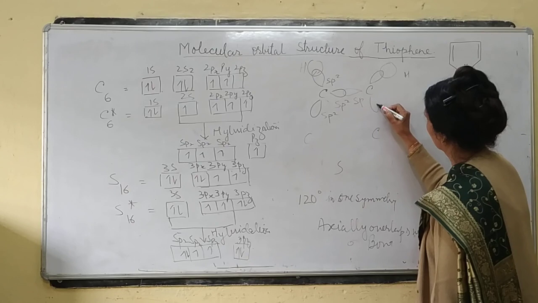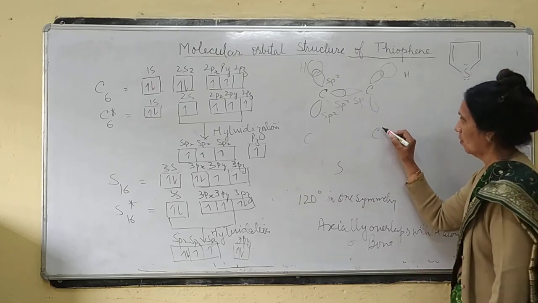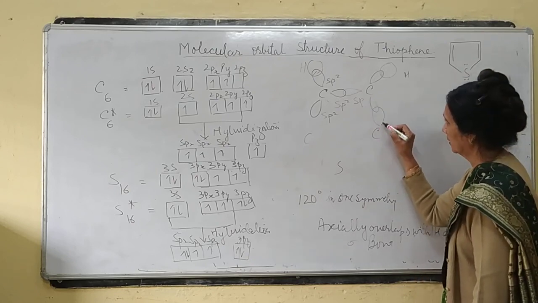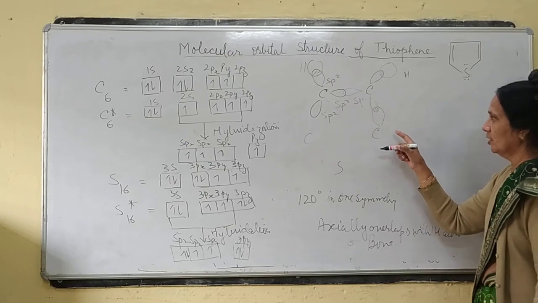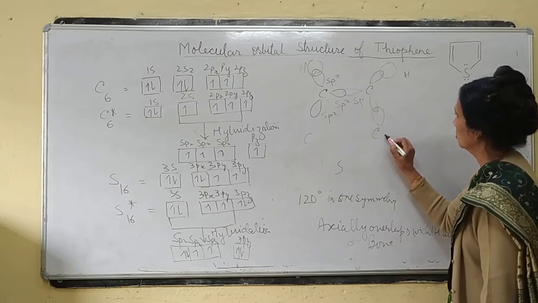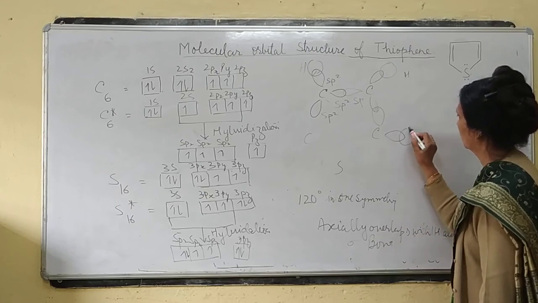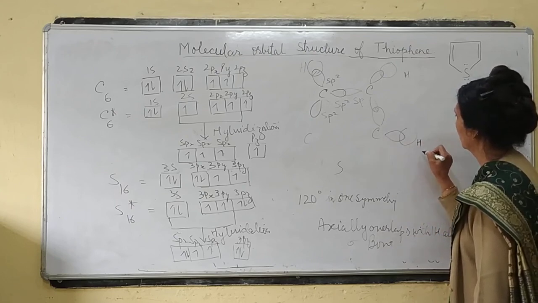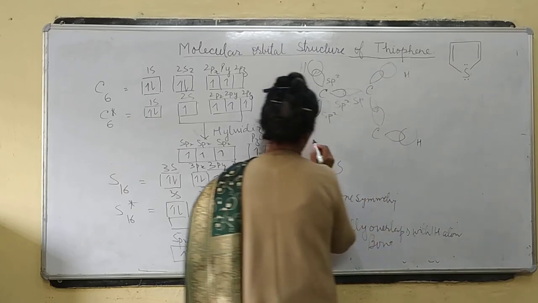Similarly, here the sp2 hybrid orbital of this carbon atom and another carbon atom axially overlap, forming a sigma bond. Here also with one hydrogen atom.